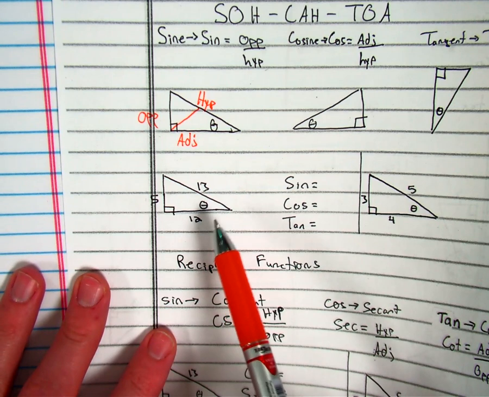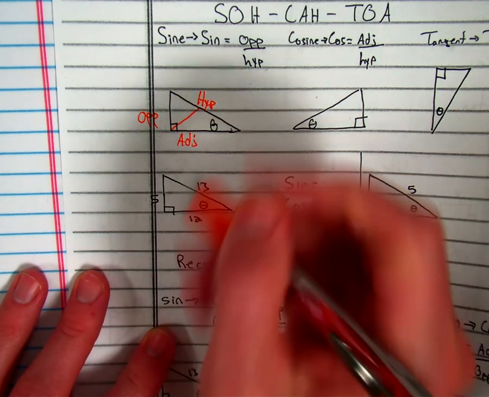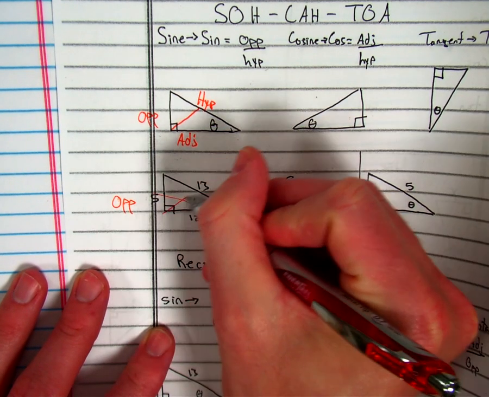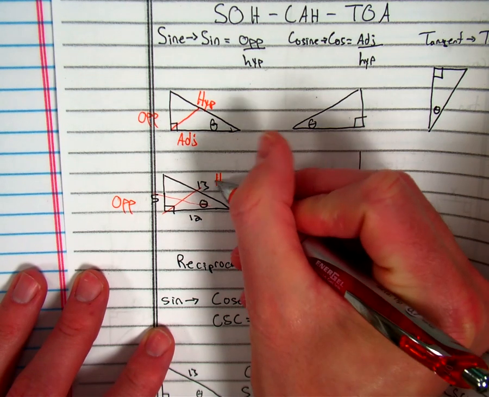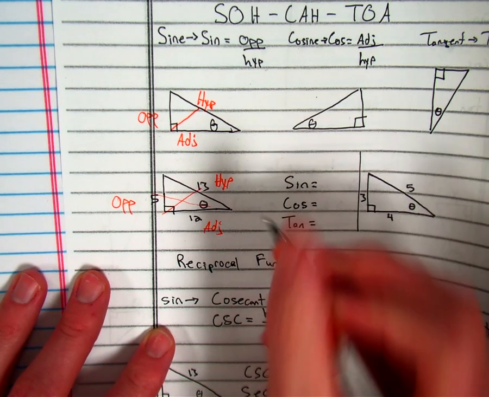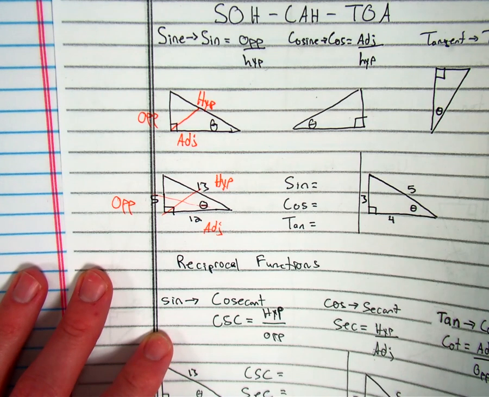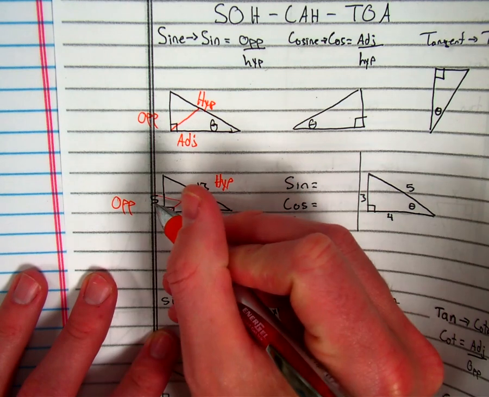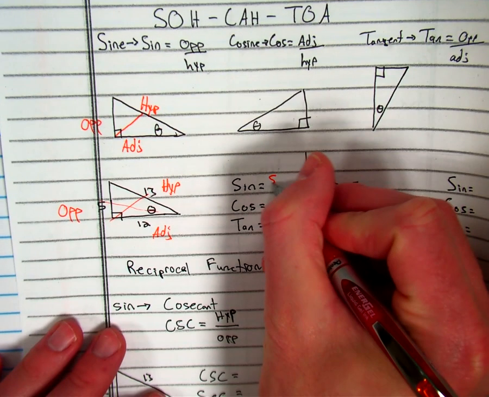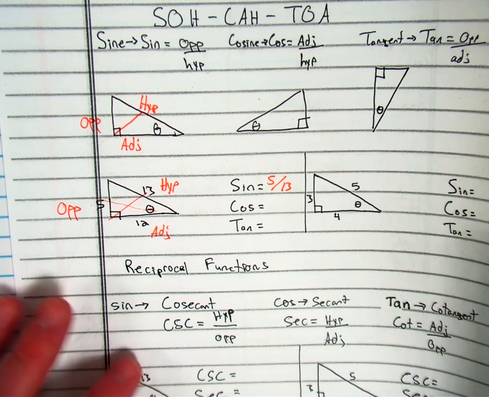Again, if our theta is in this corner, this side is the opposite, we have the hypotenuse over here, and that leaves this one for adjacent. Sine is opposite over hypotenuse, so 5 over 13.